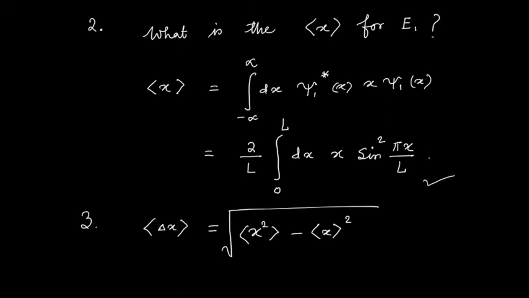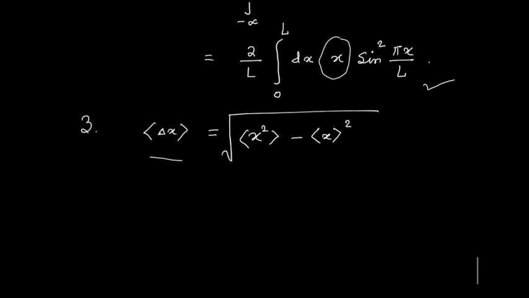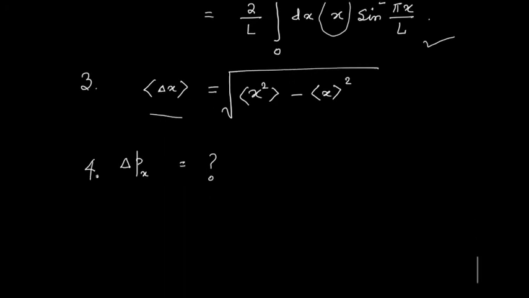So I calculate x average here, and I have to calculate x square average also, putting a square on the x, and then I can write down what is delta x average. And just for fun, you can also calculate what is delta px. So this is the fourth exercise that you should do.